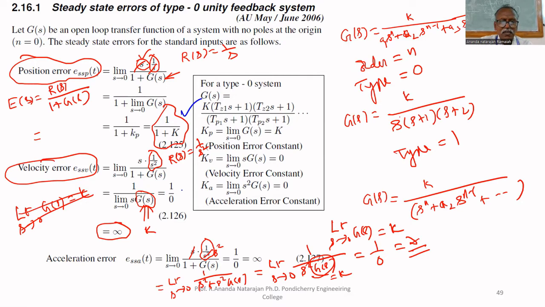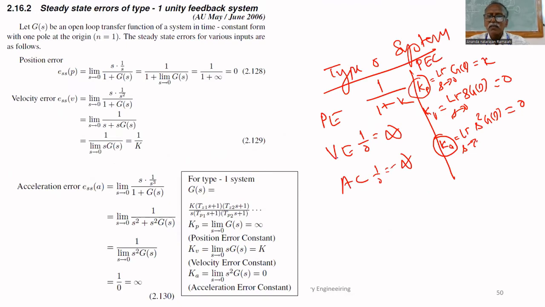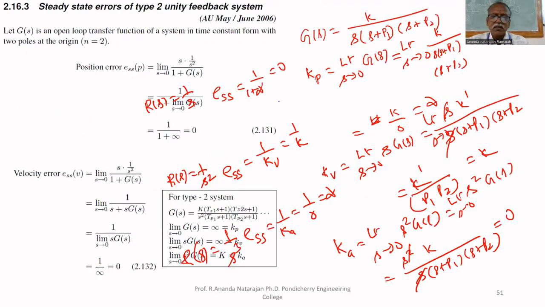For velocity error, you got infinity. For acceleration error, you got infinity. In the second case, type 1, for position input you get 0; for velocity input, 1 by K; for acceleration input, infinity.